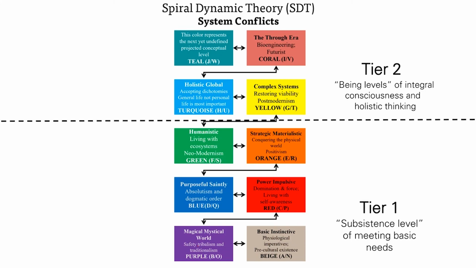I still have further research to do about how distant we can get from them. If I'm at tier 2, what's considered the being level, and I'm looking at holistic globalism, how much will I relate to this person who operates by power dynamics? That's the next level of research for me to do: looking at those kinds of conflicts and tensions between persons at various stages.